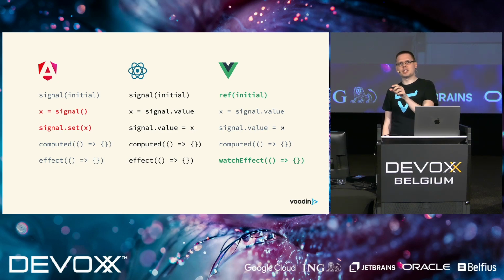React doesn't actually have signals, but there's this Preact library that integrates very nicely with React to give signals there also. And in Vue, it's almost the same. The name is just a ref, not a signal, but otherwise almost the same. Well, the watch effect instead of effect also, but as you see, it's exactly the same concepts. It's just slightly different syntaxes there.